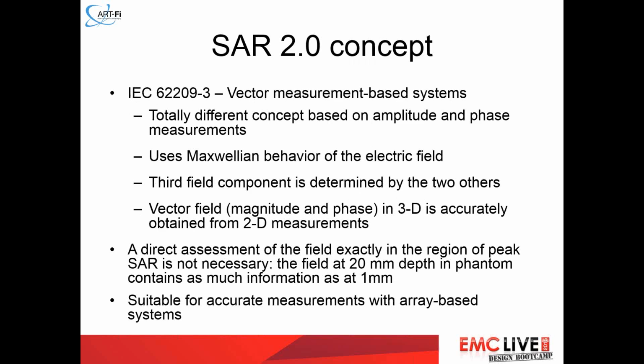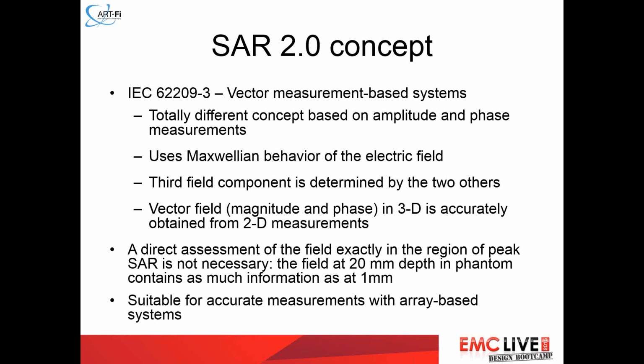That's why it was decided to make a new standard, the 62209-3 standard, which is currently under work, which puts forward the concept of SAR 2.0, the second generation of SAR measurement, based on vector amplitude and phase measurement.